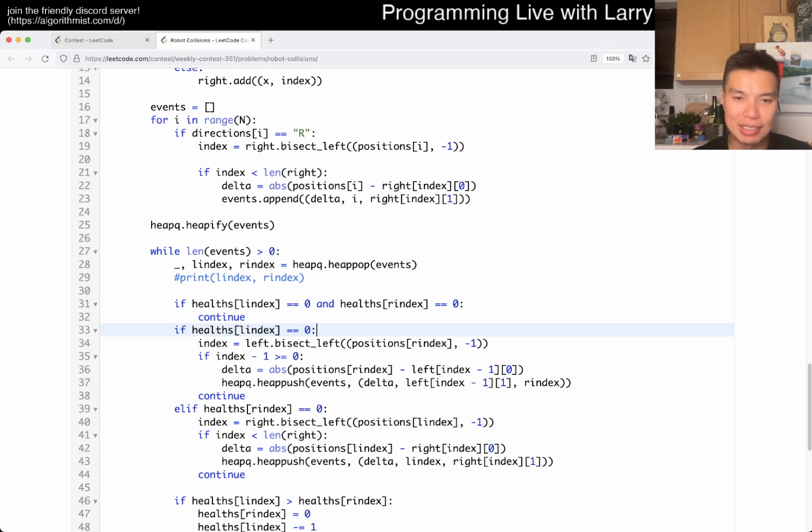So that's why we look at the position of the right index, and then try to find it in the left, and then push that onto the heap with the new delta and so forth.